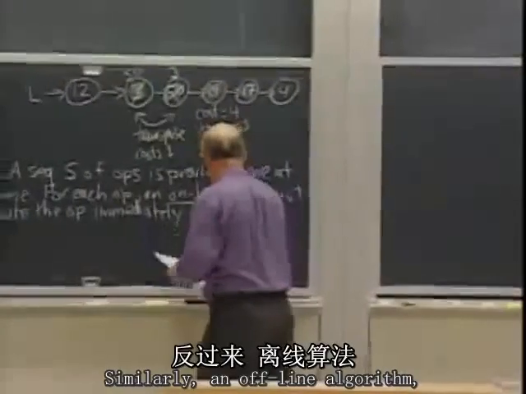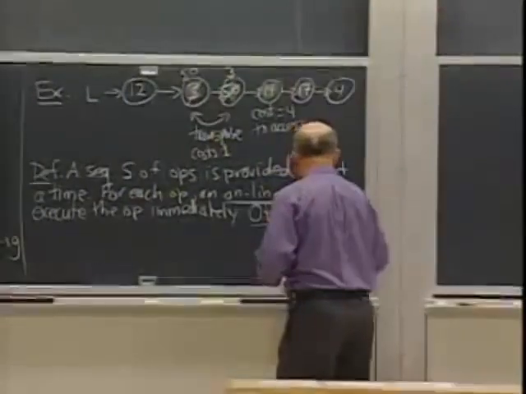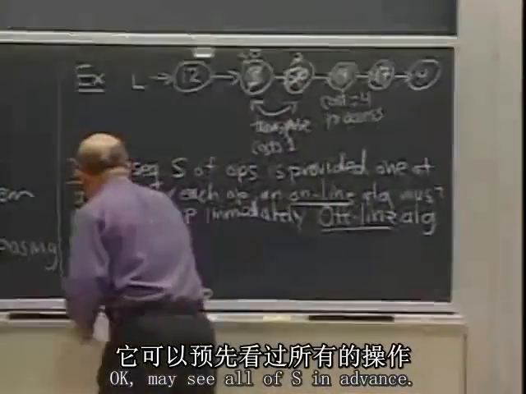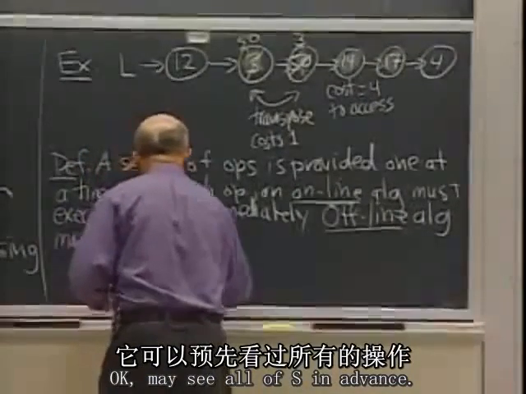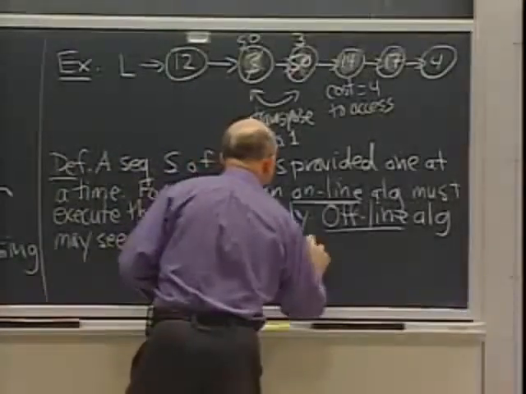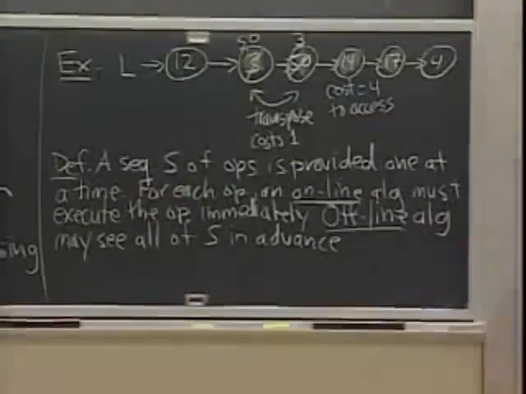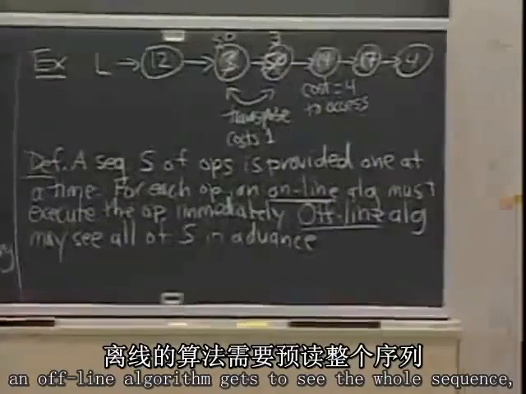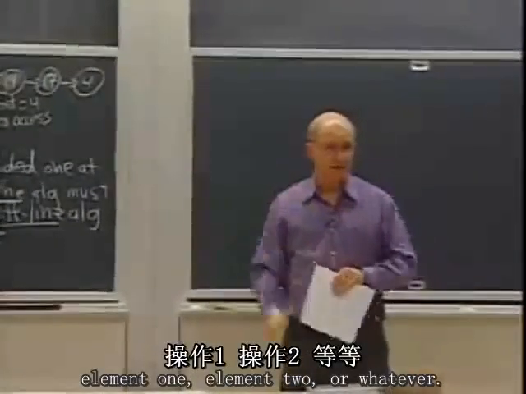Similarly, an offline algorithm, okay, may see all of S in advance. Okay, so you can see an offline algorithm gets to see the whole sequence and then decide what it wants to do about element 1, element 2, or whatever.